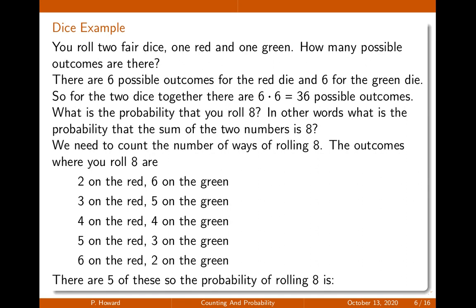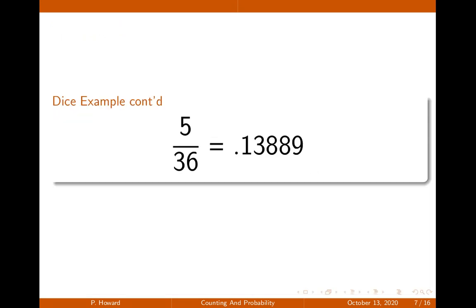It looks like there are 5 possibilities for rolling an 8. So the probability of rolling an 8 is 5 over 36, the number of outcomes where you roll an 8 divided by the total number of possible outcomes, or 0.13889.